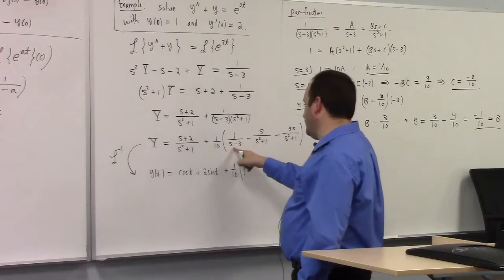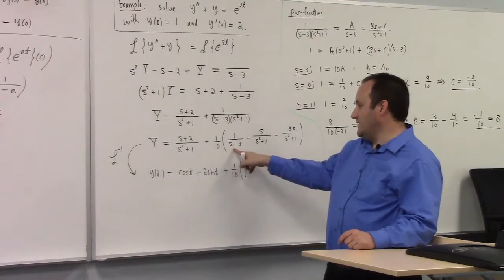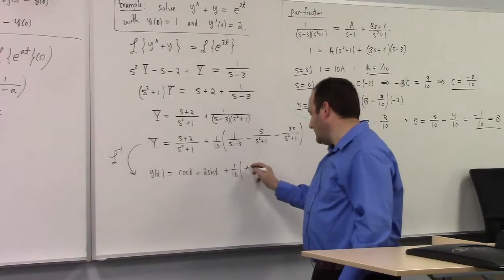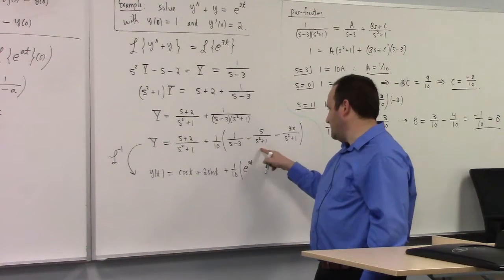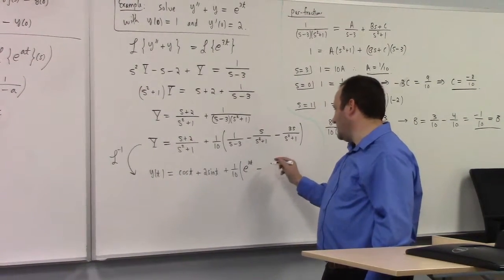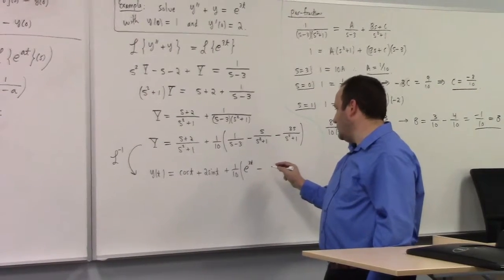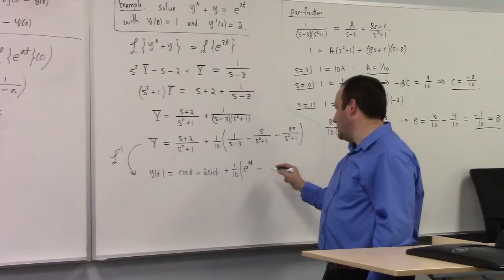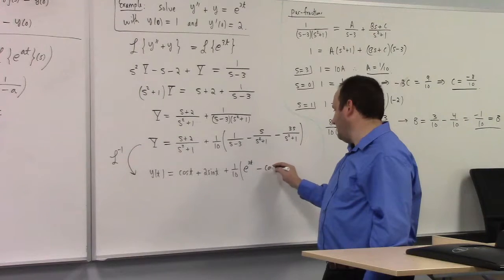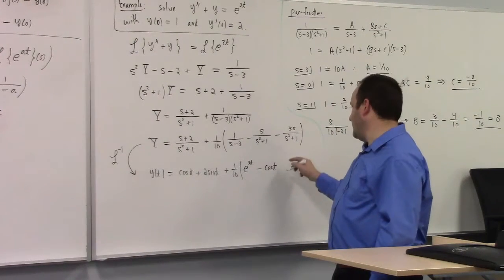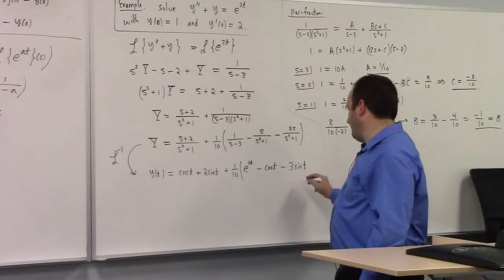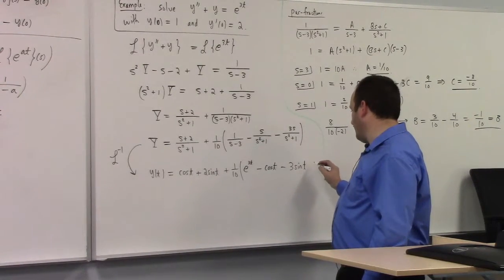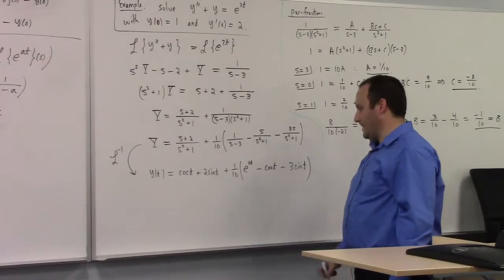This guy right here gives me e to the 3t, right? This one gives me minus cosine t. And this gives me minus 3 sine t. And there you have it.